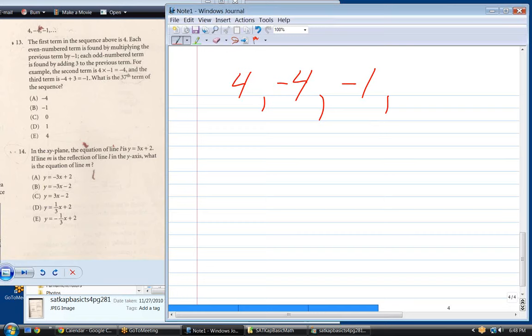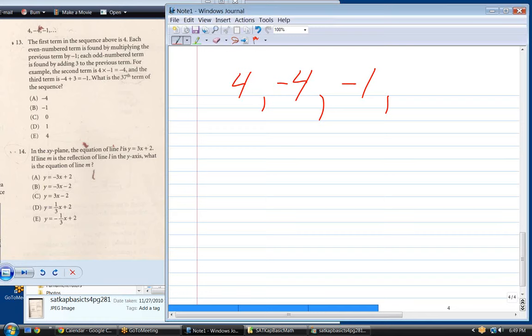What's the key to this problem? Since they ask about the 37th term, finding an equation, maybe? Let's keep listing terms until we find a pattern of repetition, and then we'll know what the 37th term is. At this point, we don't see any repetition. But I'll bet if we keep going, it doesn't take long to find where it repeats.